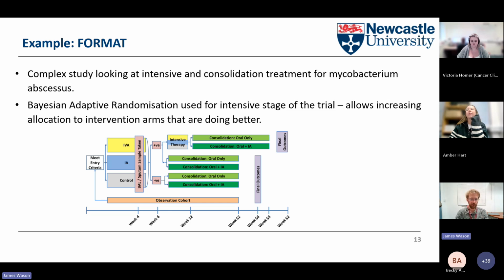As we go along in the trial and we see patient outcomes on those 3 different treatment arms and future arms that are added, we can change the allocation ratio so that treatments that are doing better on patients so far in the trial will have a higher allocation in the future. That can help with both statistical power, so we can make things more efficient, but it also might be attractive to patients that they're more likely to get a better treatment later on in the trial.